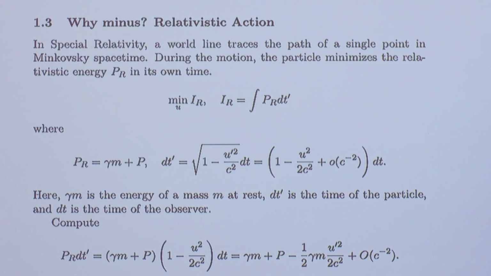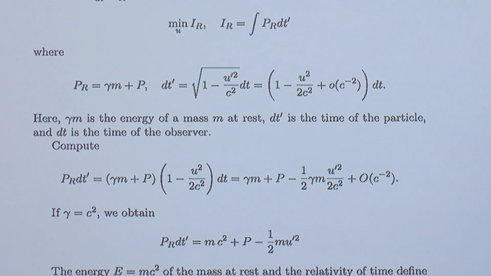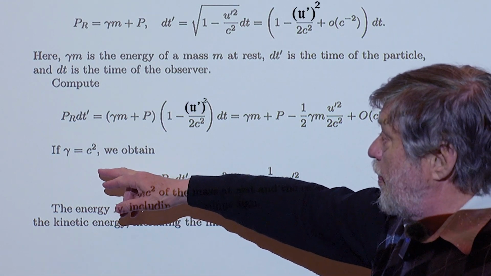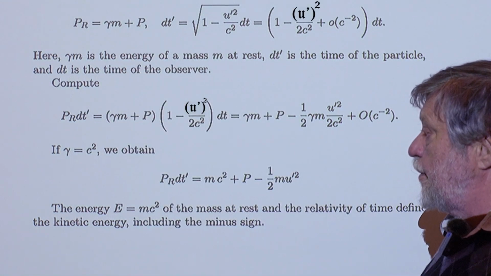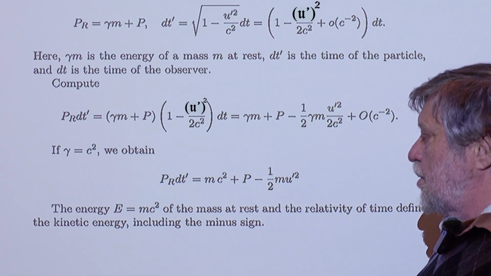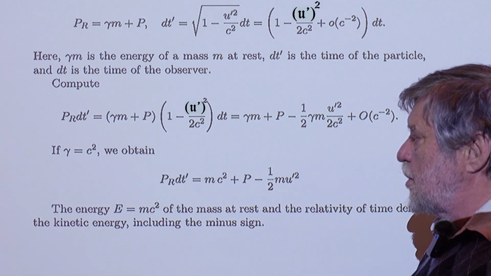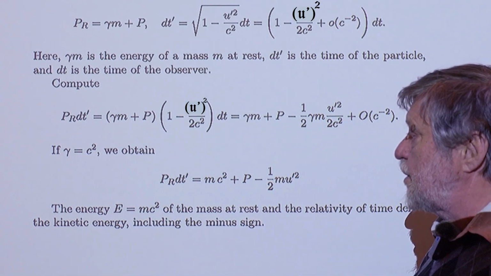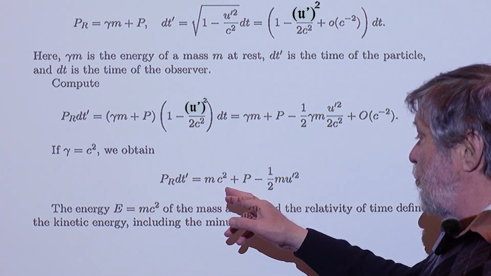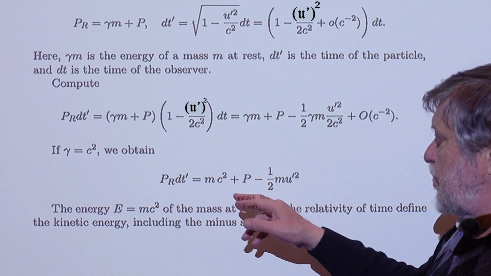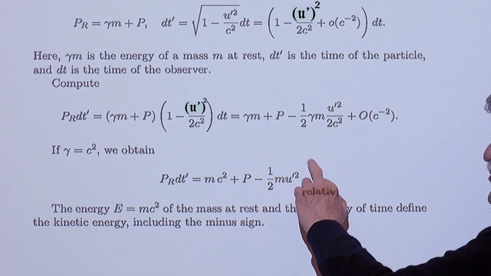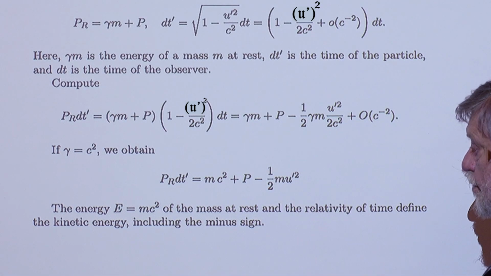Finally, if we set this previously undetermined constant gamma equal to c squared, the square of the speed of light, we obtain the formula that the energy is mc squared plus potential energy minus kinetic energy.